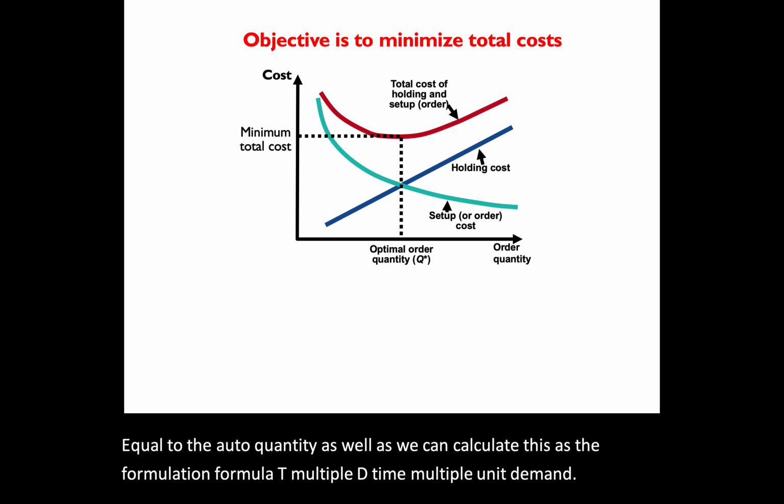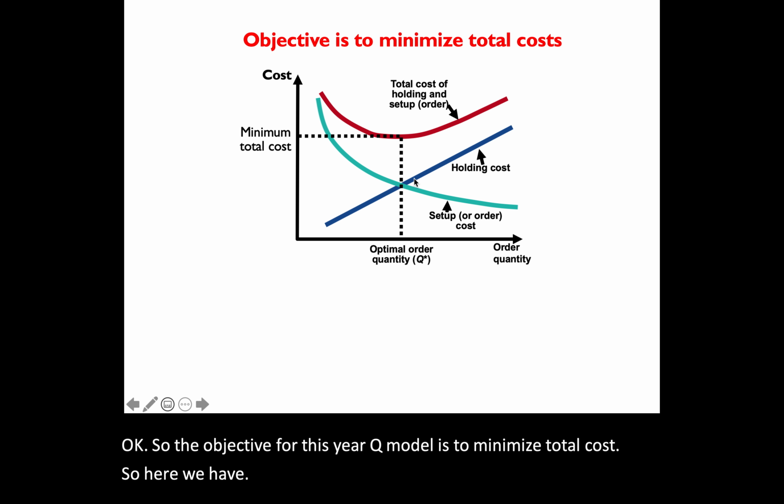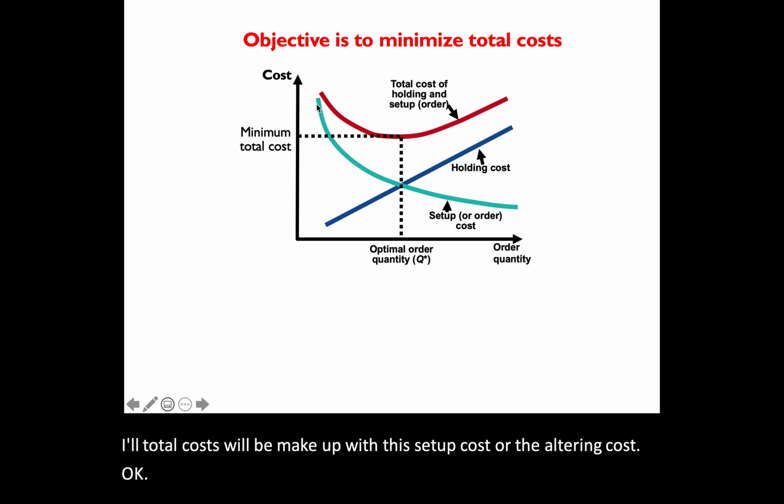Okay, so the objective for this EOQ model is to minimize total cost. So here we have the total cost made up of the setup cost or the ordering cost. Okay, so it will have the shape like this.